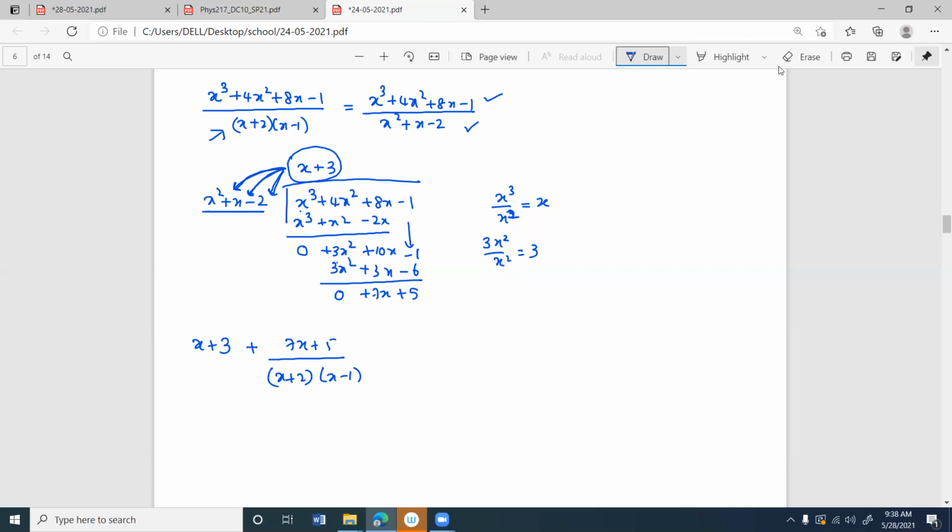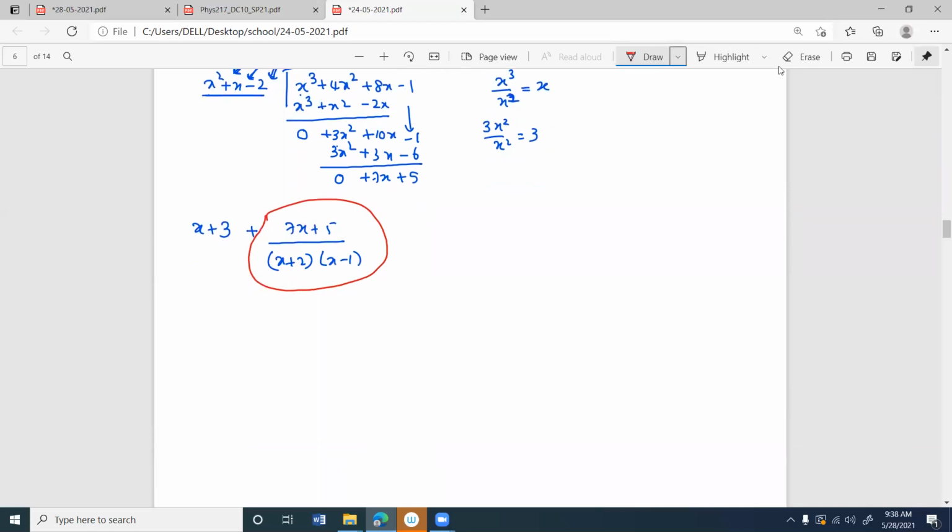Now we have to do the partial fractions only for this part. Right, we'll do it. This is the way of doing it. I just use the red color to show that it's a different part.